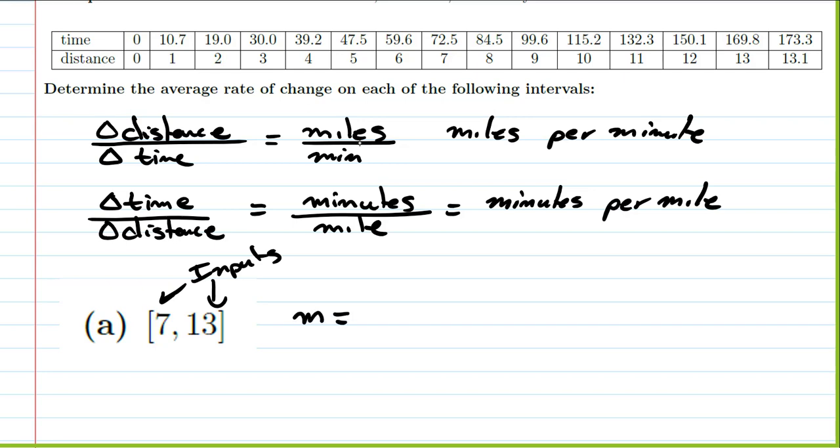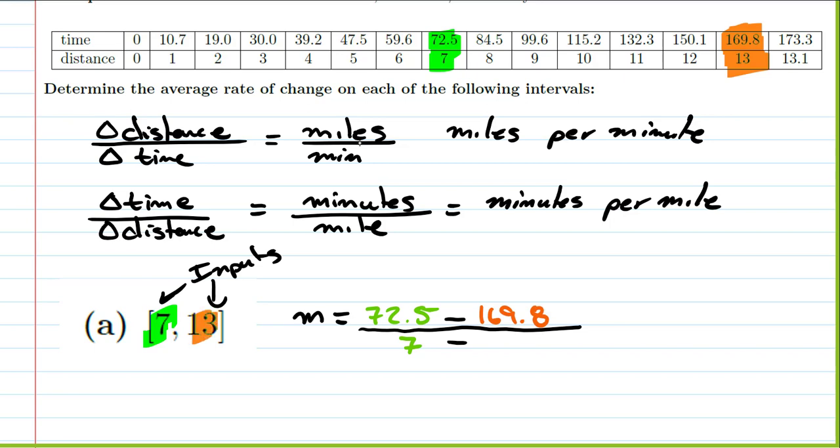So if I find my input of 7 and my input of 13, I'm going to end up with the following. 72.5 minus 169.8, divided by 7 take away 13.